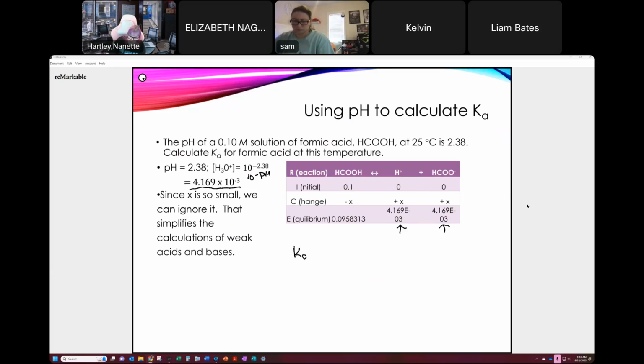So I know my Ka is equal to the H plus times the HCOO minus over the HCOOH. I have my X as 4.169 times 10 to the minus third.